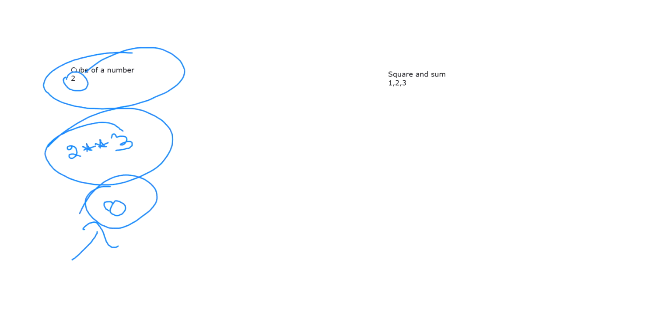Our last question is square and sum. We square 1, plus 2 squared, plus 3 squared. First I explain in a mathematical way, and after that I will explain in a code way. In math you have 1 squared, 2 squared, plus 3 squared.